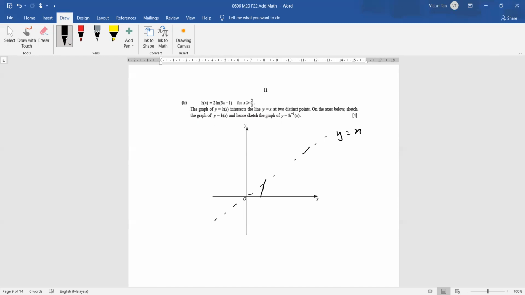The graph will go up and cross like that. So this will be h(x), and this will be 2 over 3. The inverse function will be reflected like this, so this will be the inverse function. Okay, this is 2 over 3. That's it.